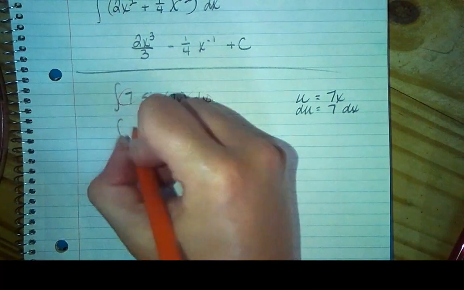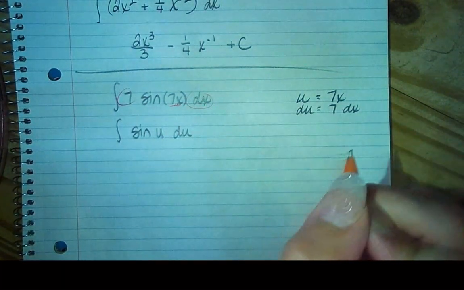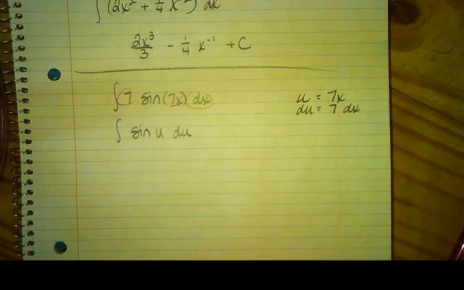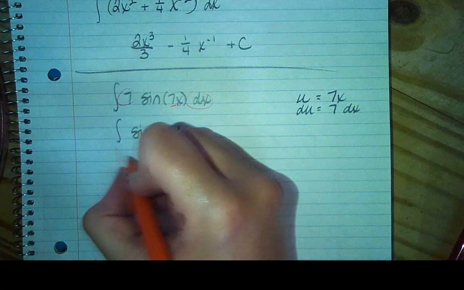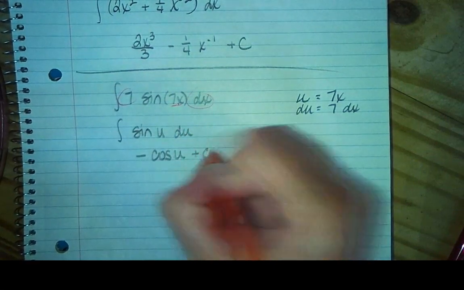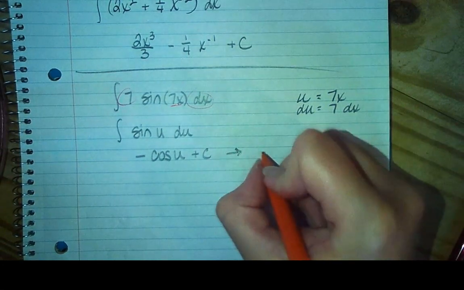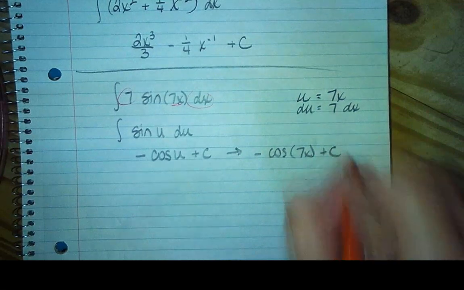So this is now going to be rewritten as the sine of u du, and if I integrate sine, I get a negative cosine. So negative cosine u plus c, and then just back substitute. So negative cosine 7x plus c.